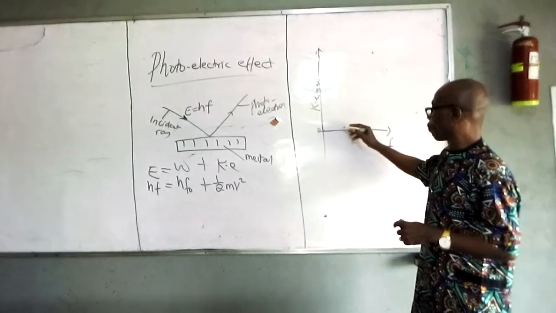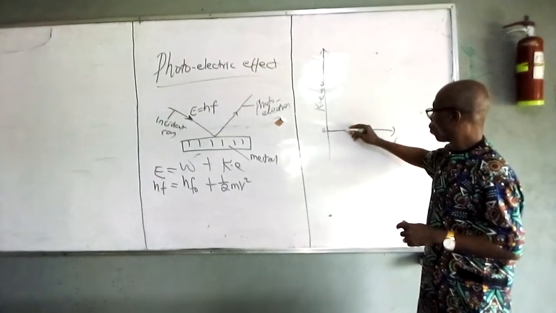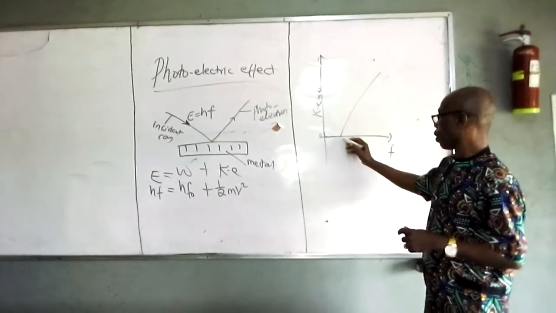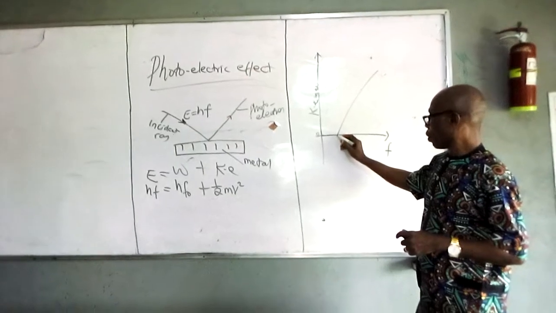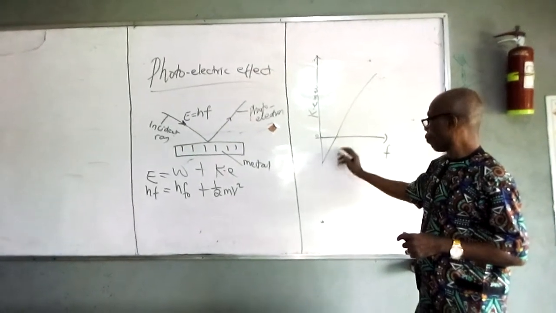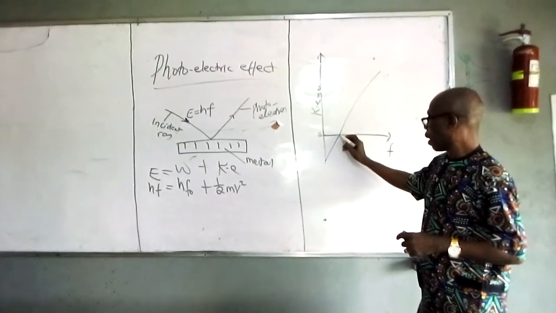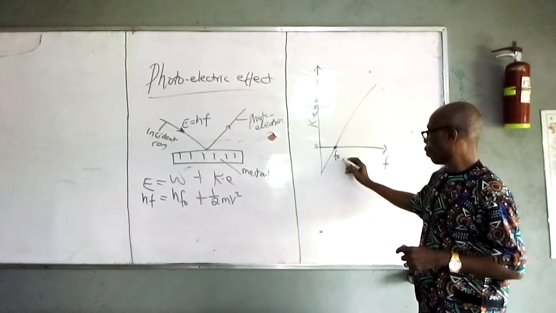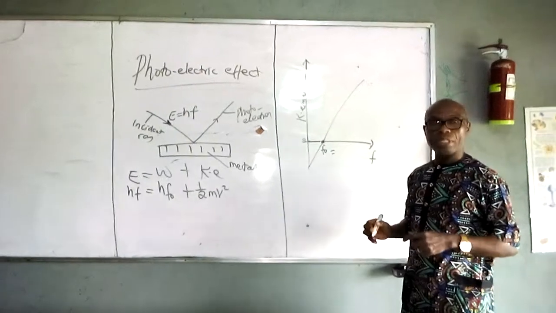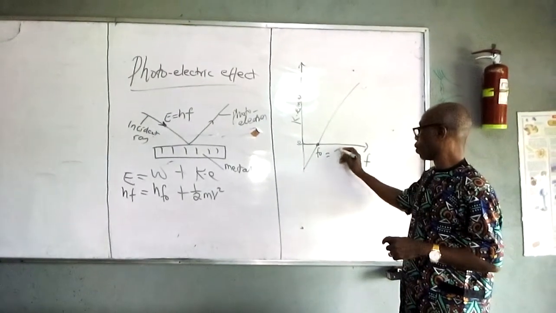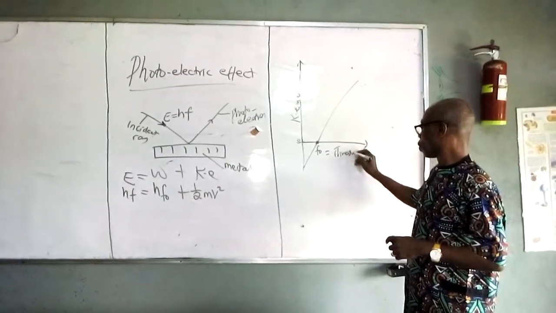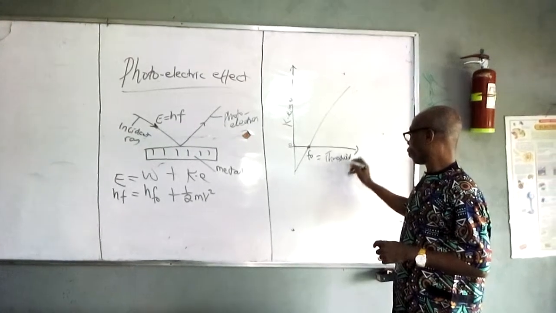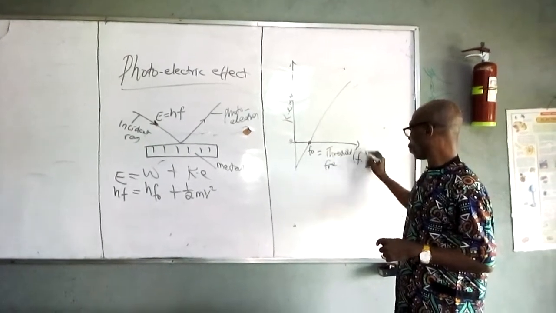But that graph will not pass through the origin. Rather, it will cut the frequency axis at a point here known as f0. And f0 is the threshold frequency.